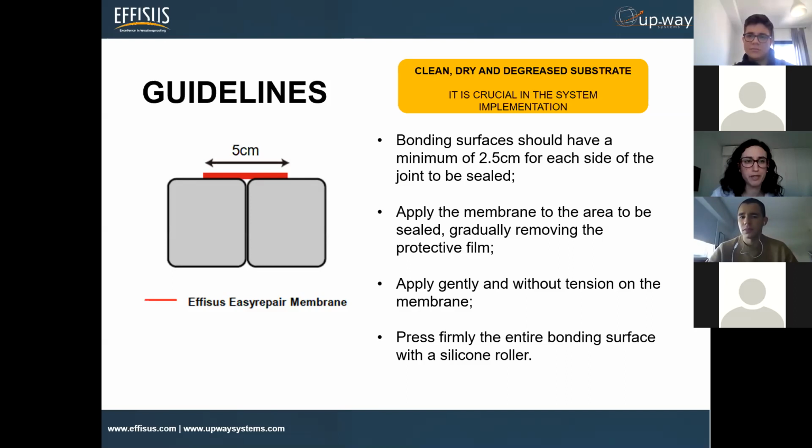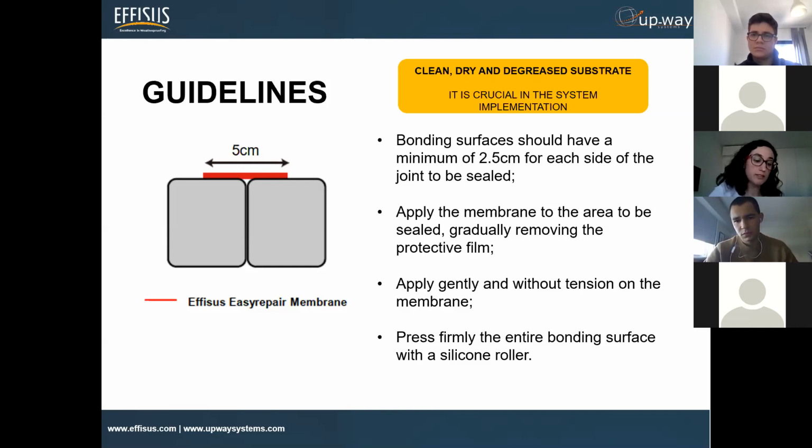But for a more comfortable and guaranteed solution, we always apply 5 centimeters distance to each part of the joint. So we only have to remove the protecting film, the adhesive. We apply gradually from the top to the bottom or from one side to another.